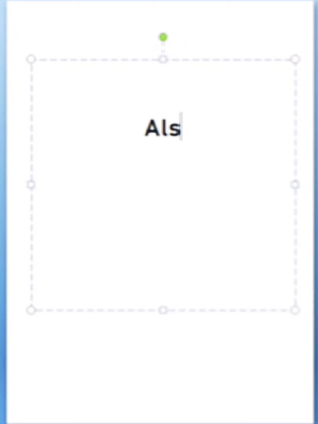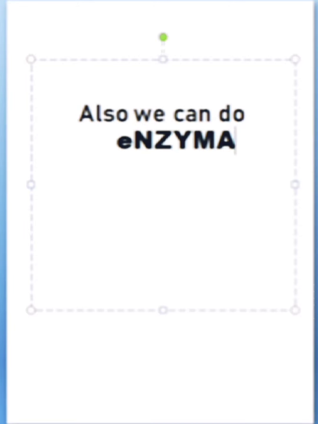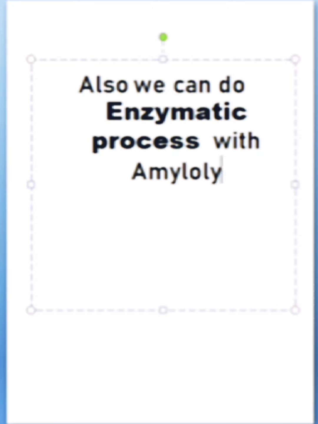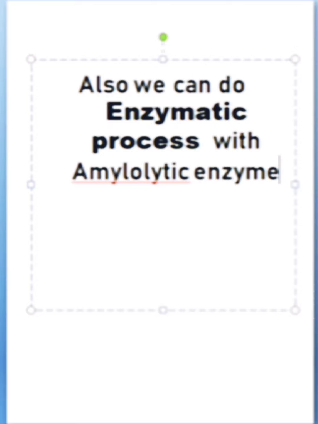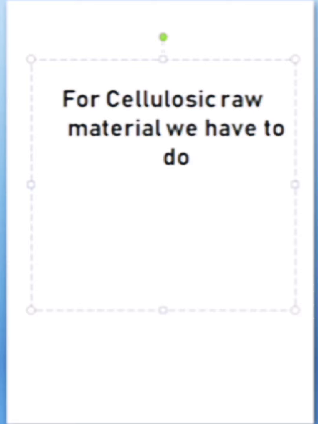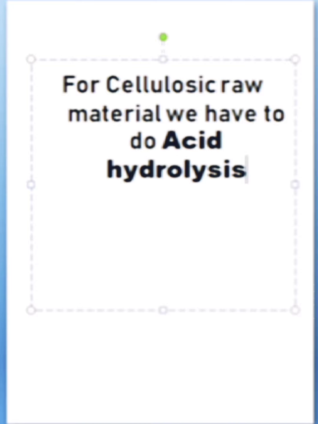Also, we can treat starchy raw material with amylolytic enzyme for converting them into glucose or saccharin. If the raw material is cellulosic in nature, then we can do only acid hydrolysis.